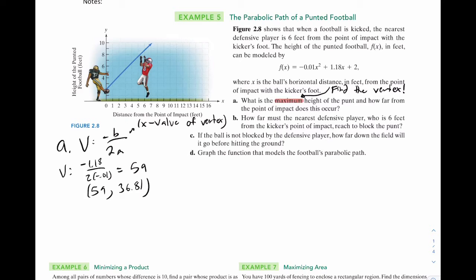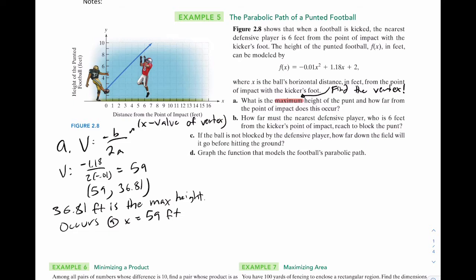This is what is the max height of the punt? So we could write 36.81 feet is the max height. And I'll write it occurs at x equals 59 feet. So that'd be the algebraic way of doing it.